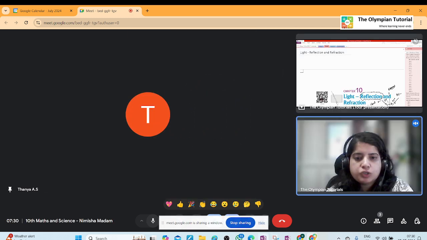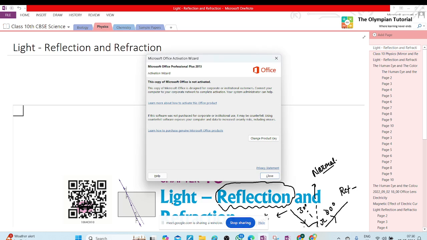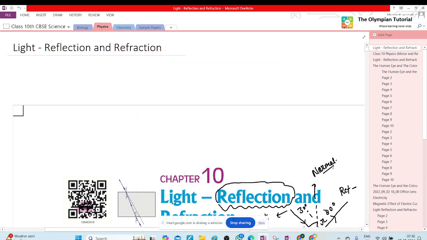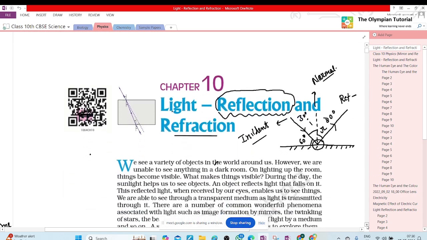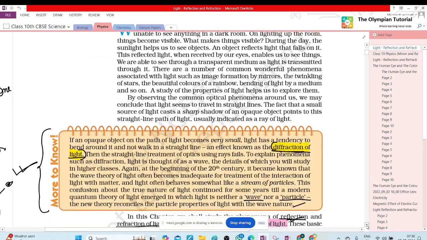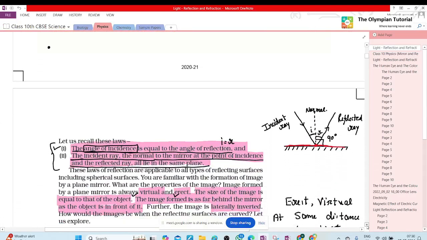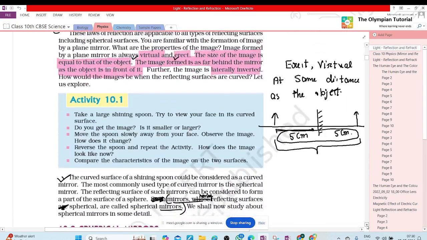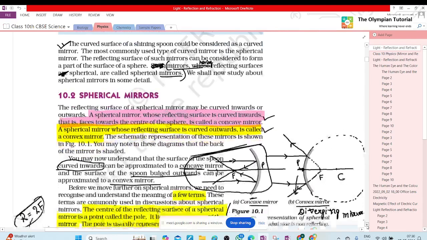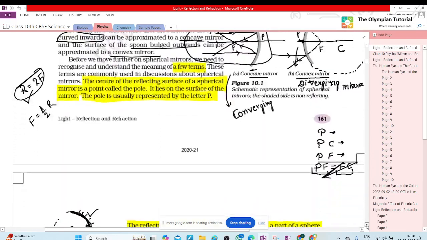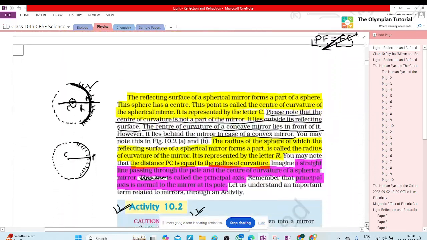I will show you from here. What I told you is that if the object is at focus, then the rays are going to be parallel. So if the object is at focus, after striking the reflecting surface, they will become parallel.